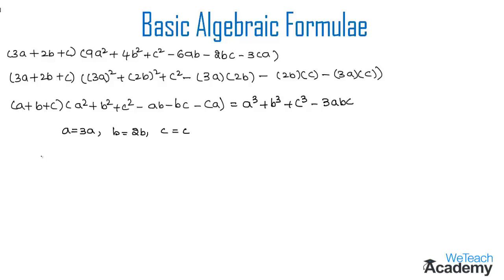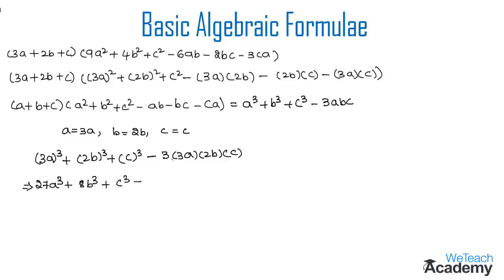So we get (3a) whole cube plus (2b) whole cube plus c cube minus 3 into 3a into 2b into c. By simplifying, we get (3a) whole cube as 27a cube plus 8b cube plus c cube minus, and the product of 3 into 3a into 2b into c would come as 18abc.